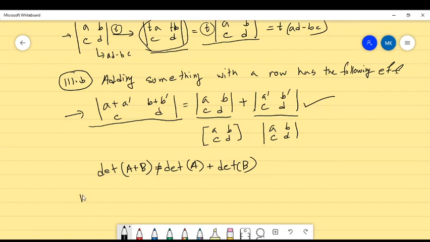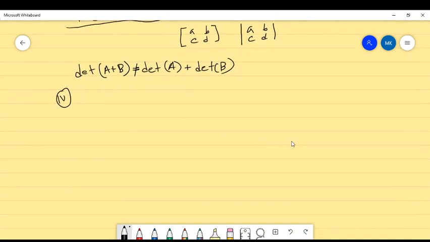Let's see some other properties. Property 4 is: when any two rows are equal, then the determinant is 0. For the reasoning of this property 4, you can use property 2.